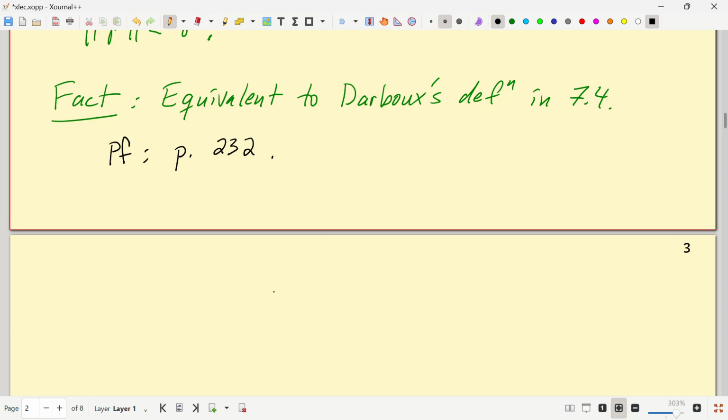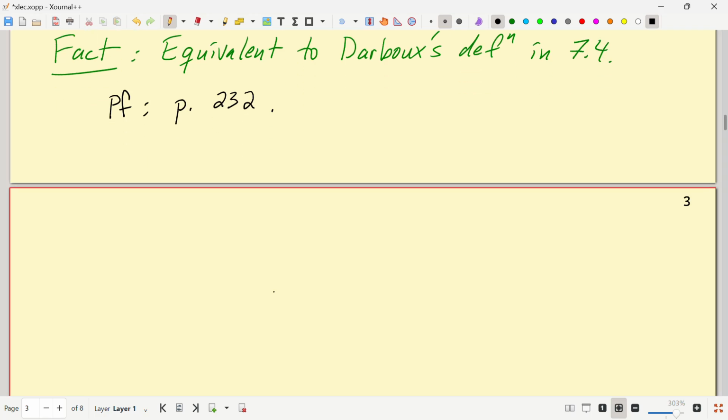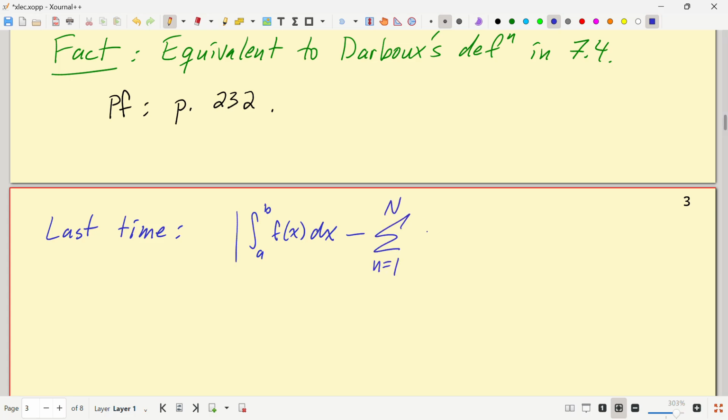Here's a fun thing to think about. Last time I showed you that the trapezoid rule, I showed that the actual integral of f of x dx minus the trapezoid rule sum, the sum as n goes from 1 to capital N of the trapezoid rule formula.